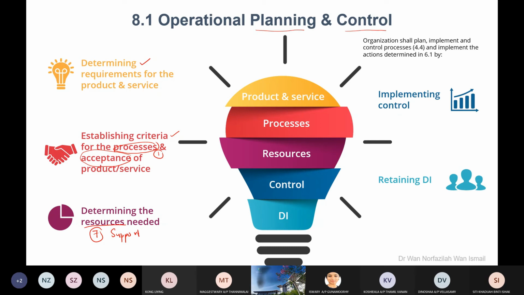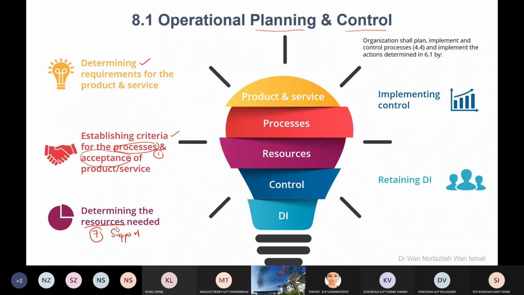When you are talking about operational planning, you want to operate your laboratory, you need to determine the requirements and how to fulfill the requirements. You need to establish criteria. Once you have criteria, then you need to determine the resources. Without resources, you cannot operate your lab.